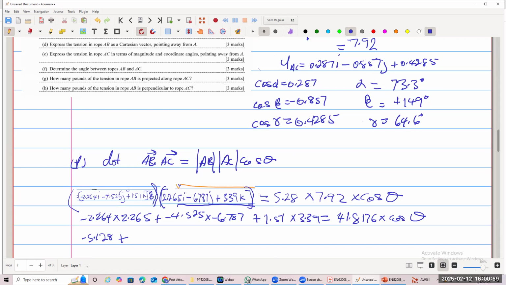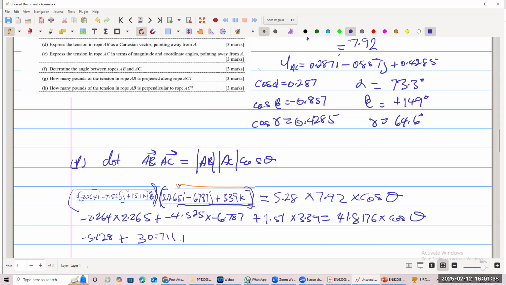Minus 4.525 times minus 6.787. How much do you get for that? 28.86? You get 30 something here for this one? Come again, check that again. If we get 30.7. Oh, come on, now I have my calculator. Yeah, you see, you made a little error.